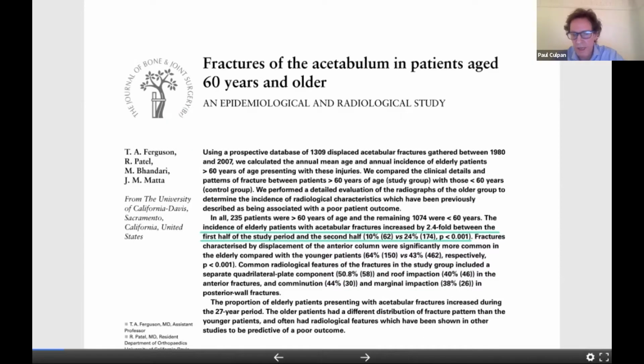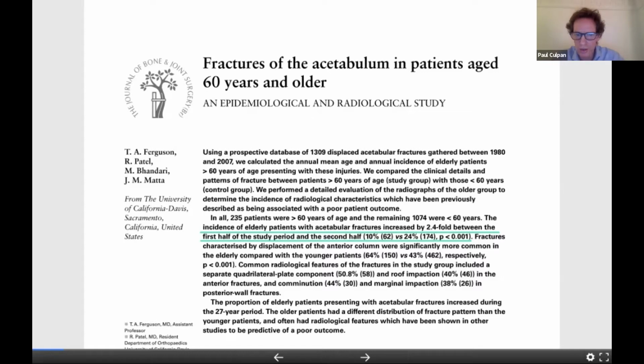So Mata, in documenting his highly impressive case series, was able to compare his practice in two different time frames.